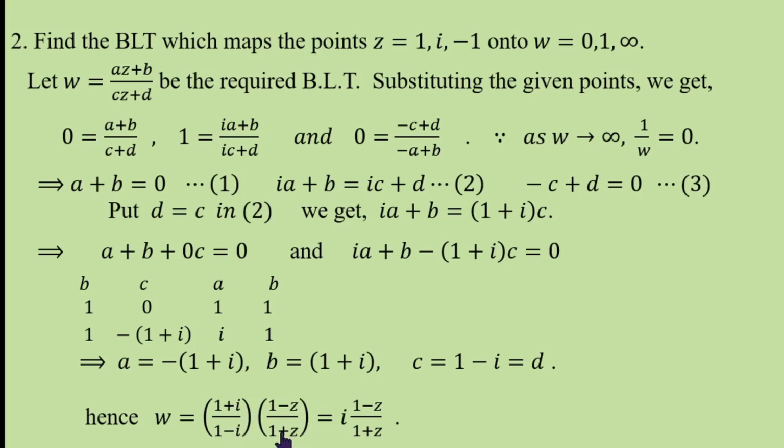So W = i into (1 - Z) by (1 + Z). This is the required bilinear transformation for this problem. See here, (1 + i) by (1 - i) is (1 + i) whole squared by 2, that is 2i by 2, which is nothing but i. Therefore, this is replaced by i.